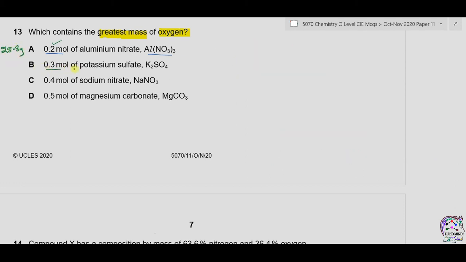B. 0.3 moles of potassium sulfate. Now finding the mass of oxygen by the same method, we have 2 potassium atoms, 1 sulfur, 4 oxygen in potassium sulfate. The atomic mass of potassium is 39, for sulfur it is 32, for oxygen it is 16.